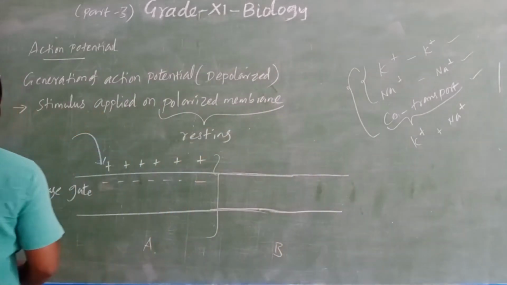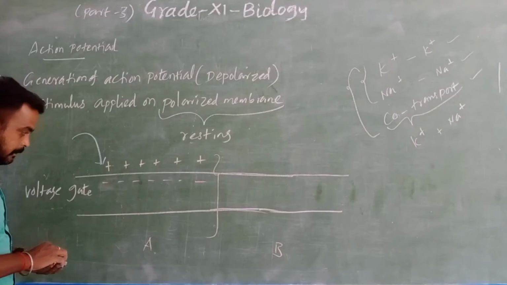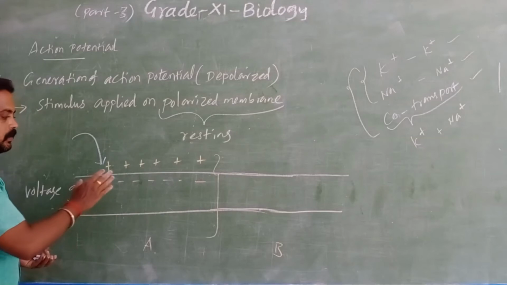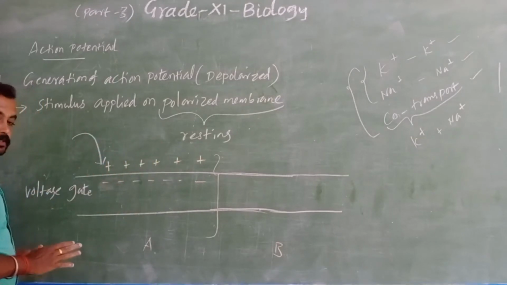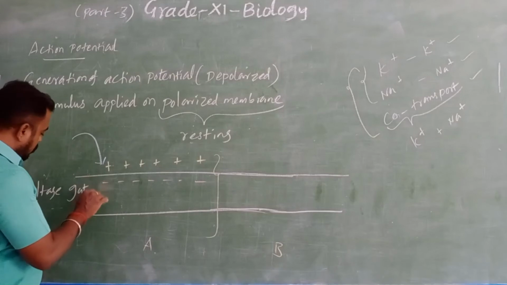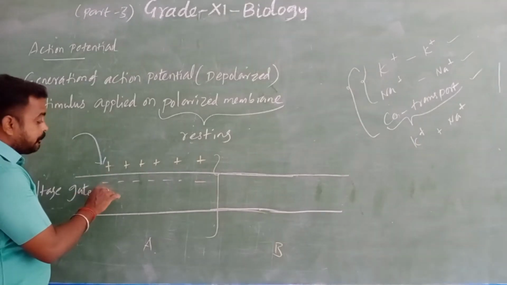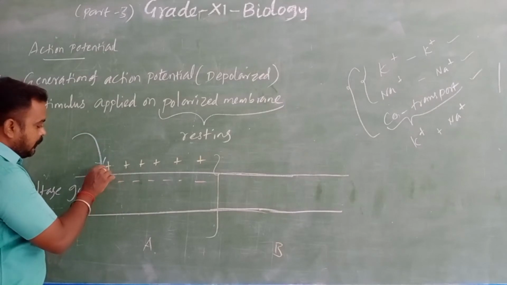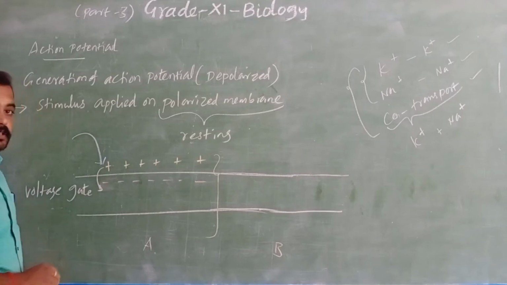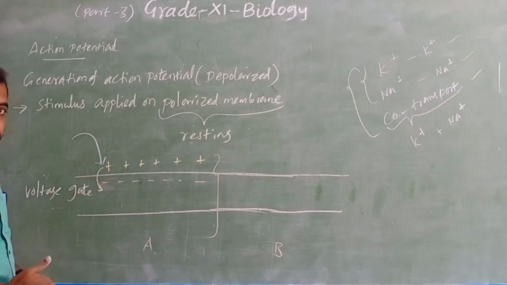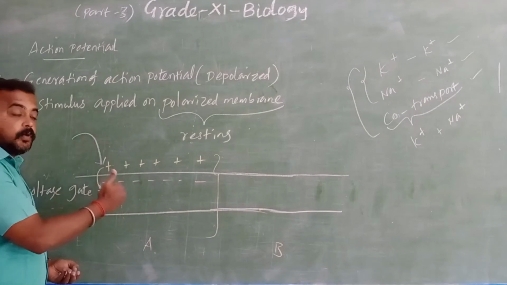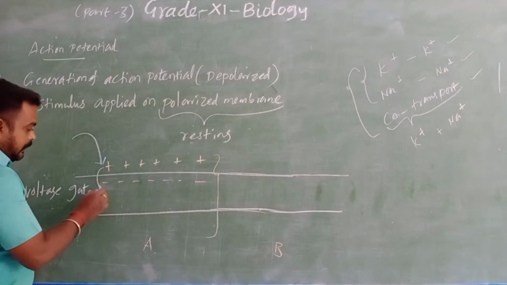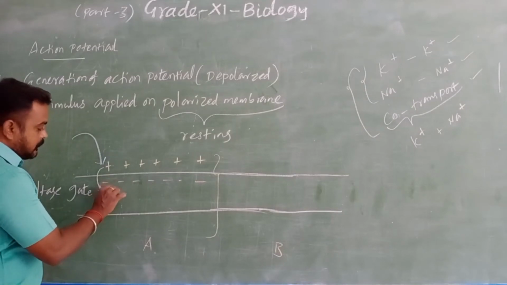So what happened? Already we have outside positively charged and inside negatively charged. Now the voltage gated channel opens because the stimulus is applied. The positive charge comes inside, that means an influx of sodium ions.